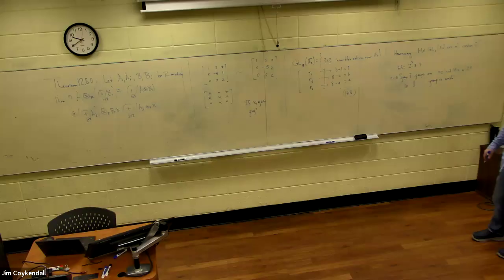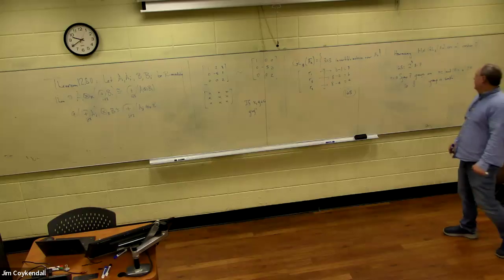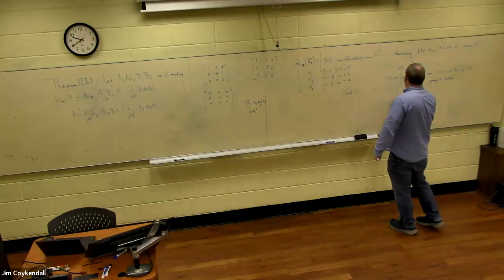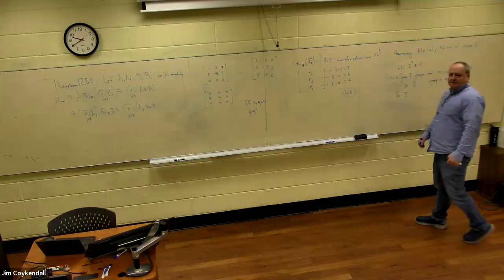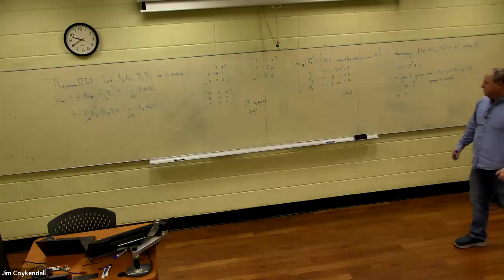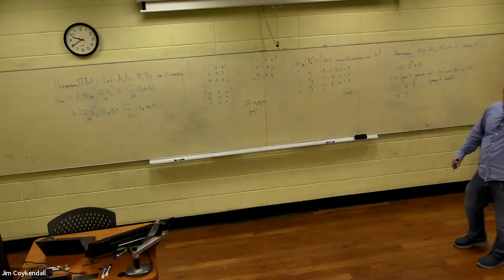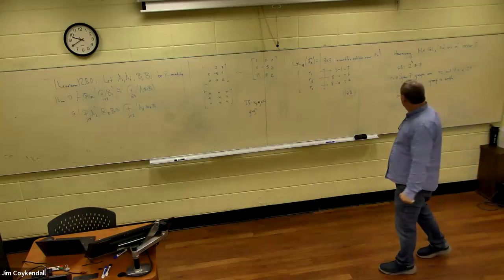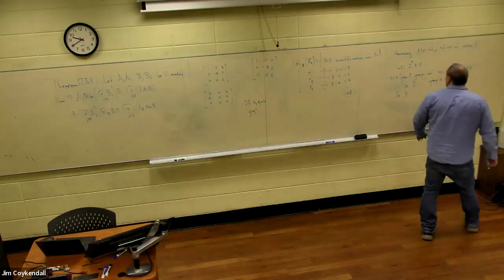So how many elements of order 7 are there? That sounds right.